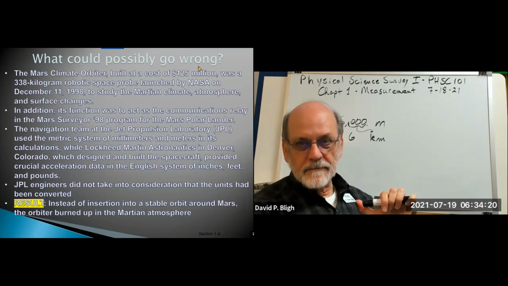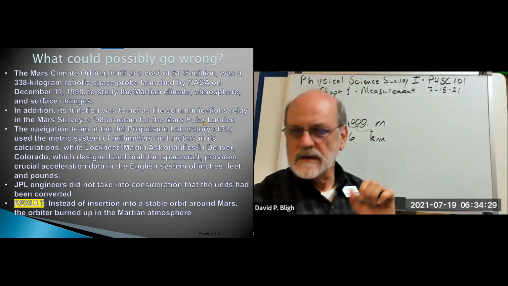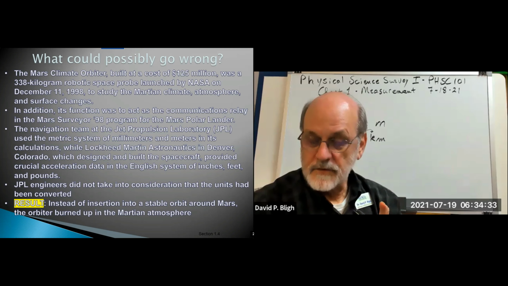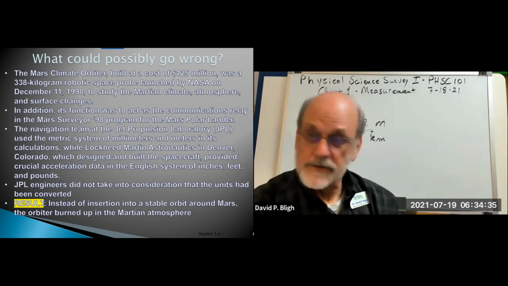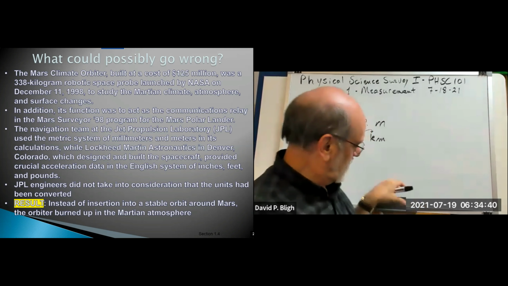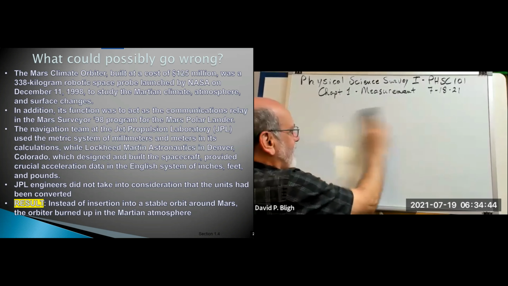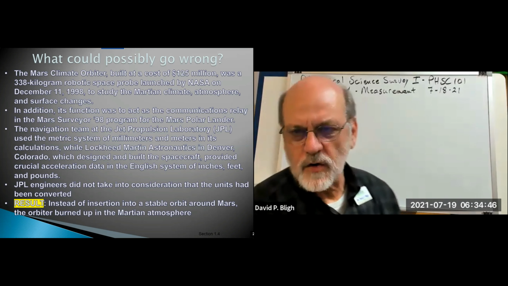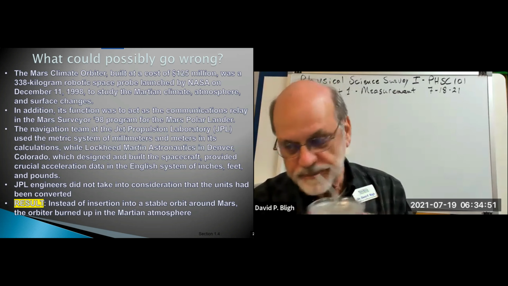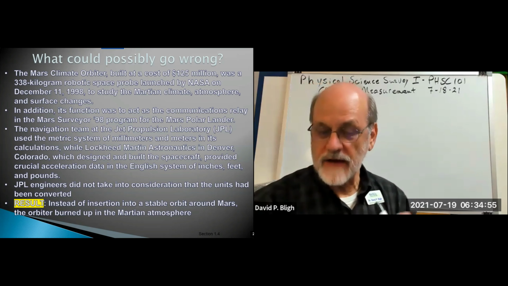So, if the United States uses the English system for so many things, but it also uses the metric system, what could possibly go wrong? Well, we've been trying to go to Mars for several decades now, sending robotic spacecraft up there.